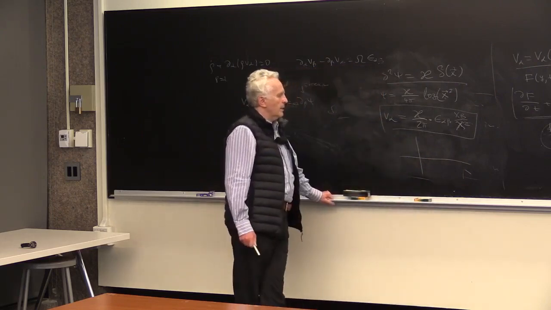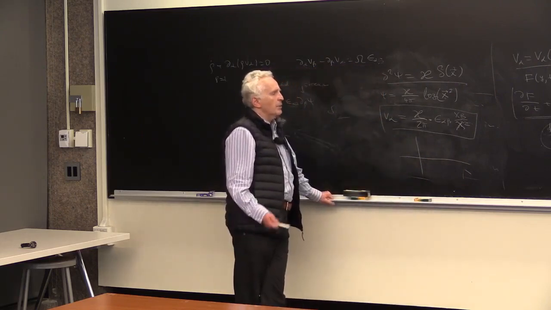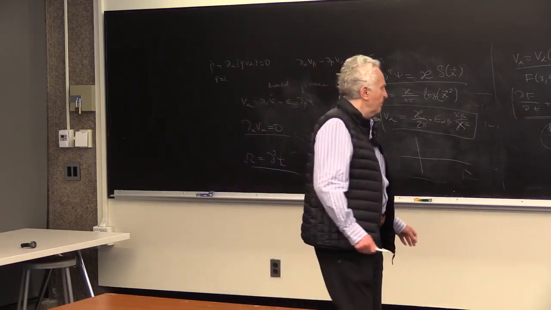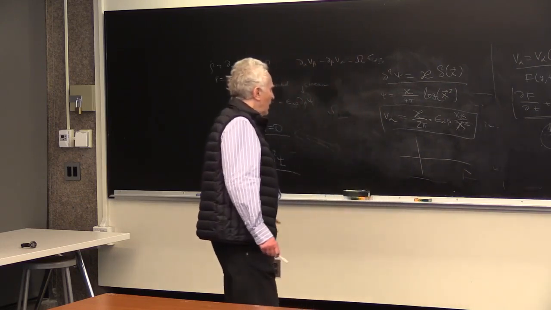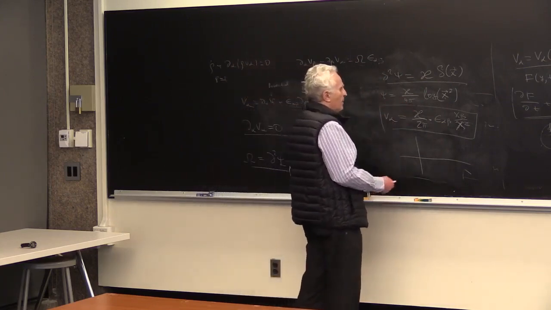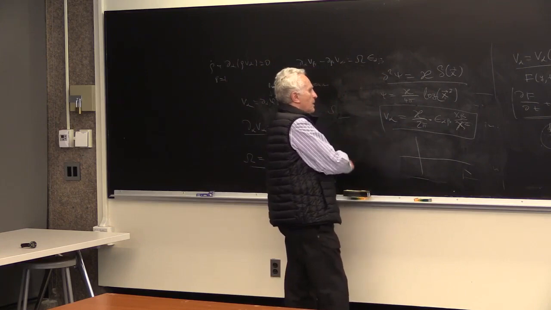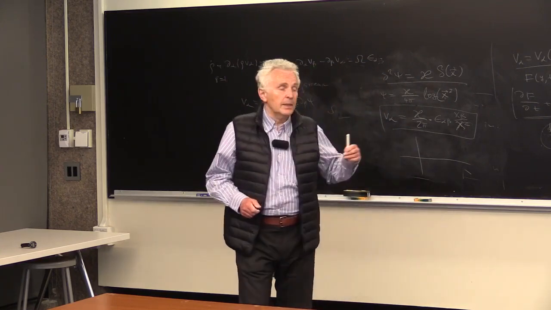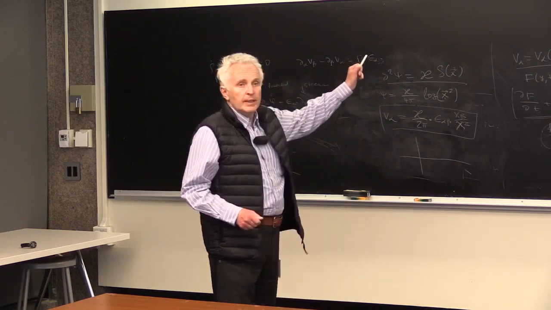What are the streamlines of the velocity? If you try to draw this, notice that at each point the velocity is orthogonal to the radius vector.